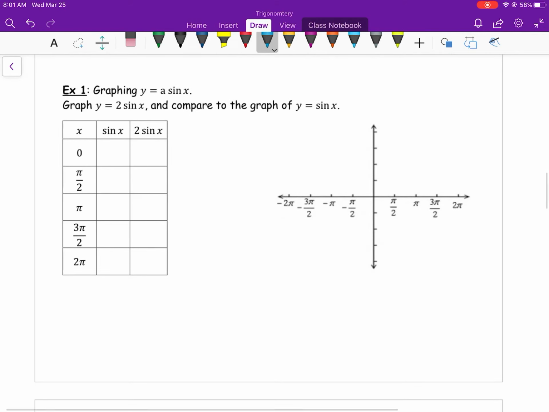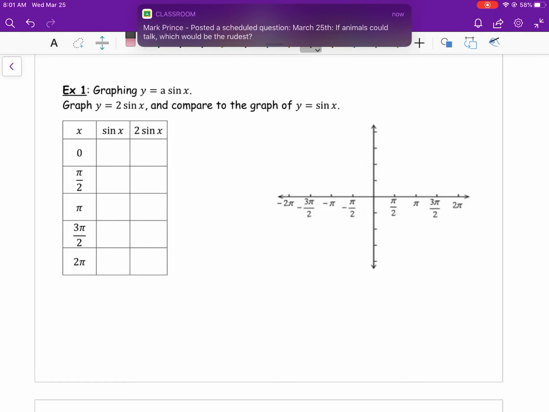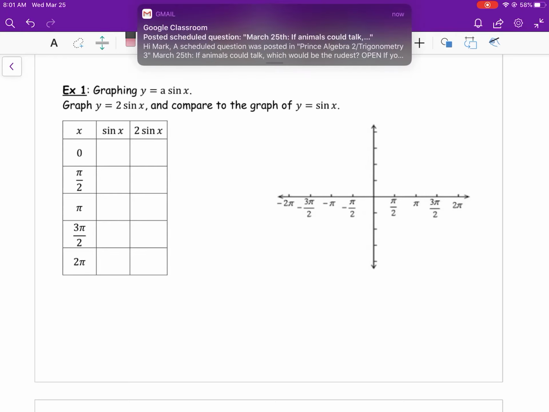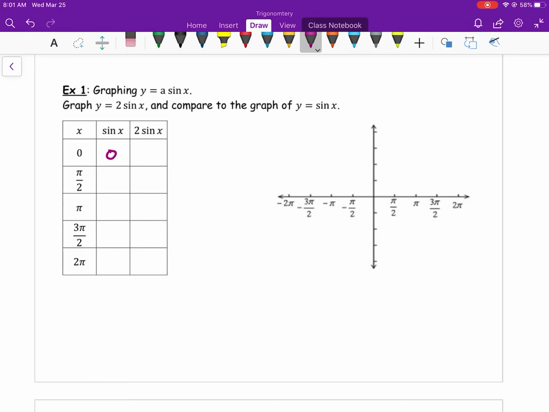Example 1 is graphing. This is one way to do it; I have an easier method that'll come up next. From our previous graph, we know that sine of x at 0 is 0, then it's 1, then 0, then negative 1, then 0.